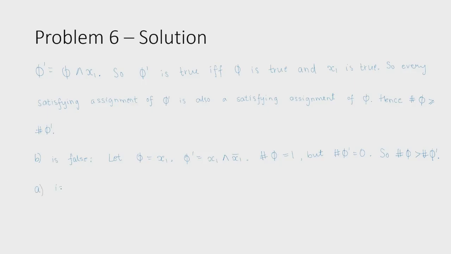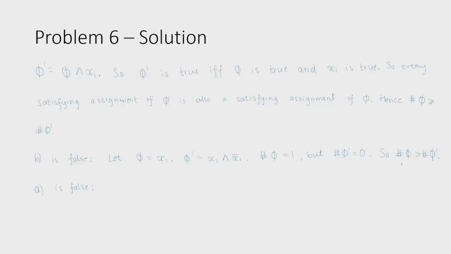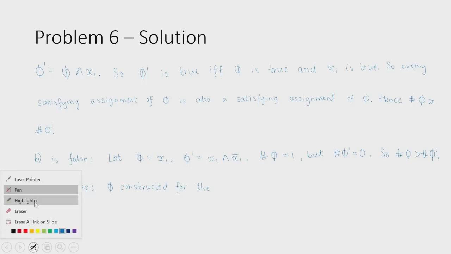Option A is also false because option A says that #phi equals #phi prime, but for the formula that we have constructed, #phi is strictly greater than #phi prime.